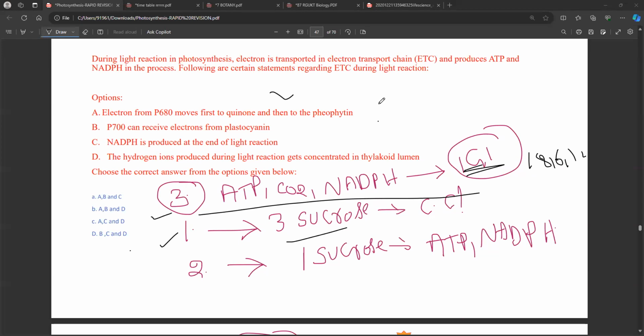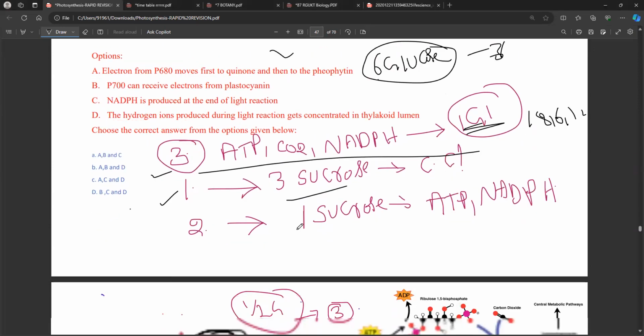In order to produce 6 glucoses, how many times does the Calvin cycle have to turn? Undoubtedly 36, right? Then that is what I have asked.